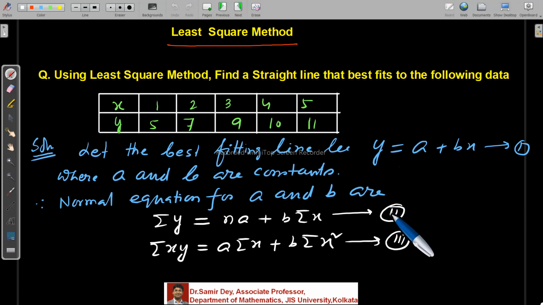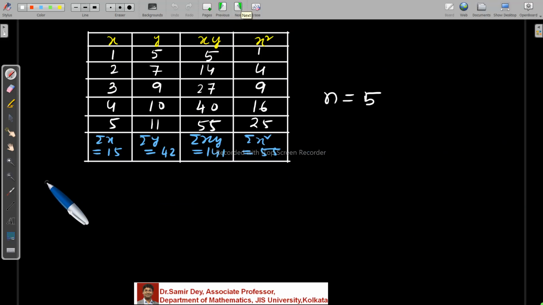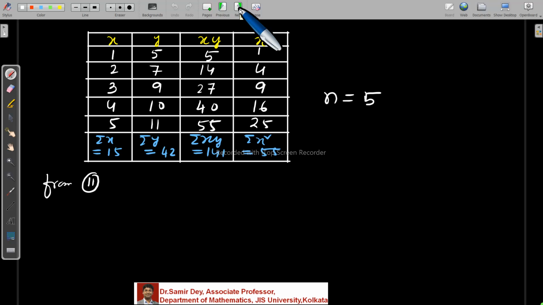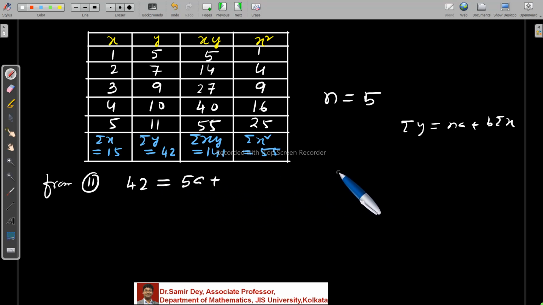So now from equation number 2 and equation number 3, please write down. From 2, after substituting, summation y = na + b summation x. What is your summation y? Summation y = 42 = 5a + summation x, that is 15b. Please check.